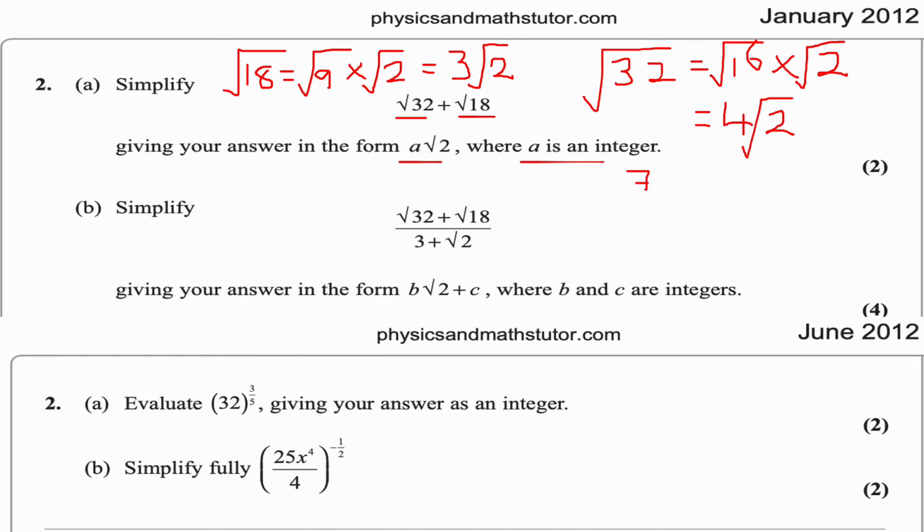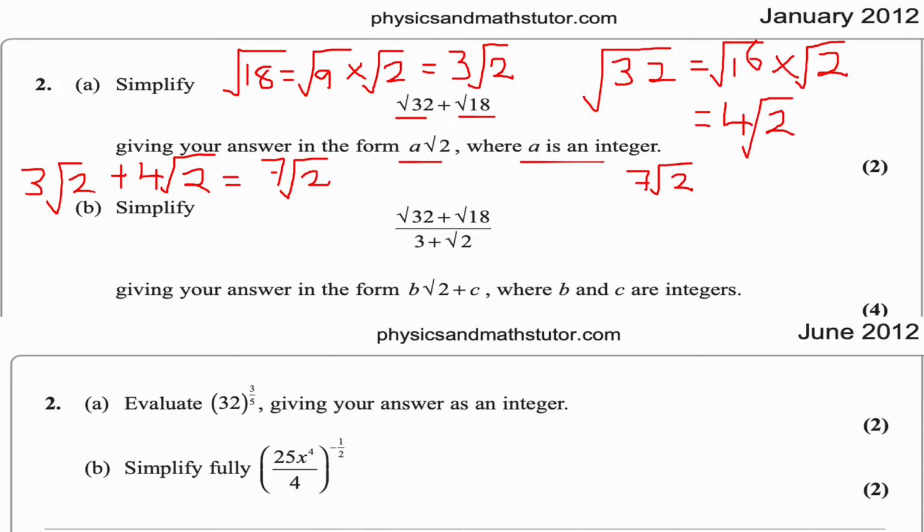That's going to equal 7 root 2. So 3 root 2 plus 4 root 2 is equal to 7 root 2, guys. So that's how I simplify surds, guys. It's finding the highest square number that goes into it. So 7 root 2.